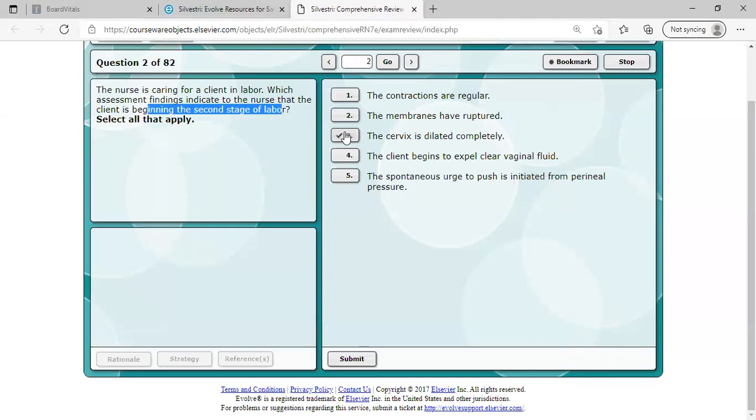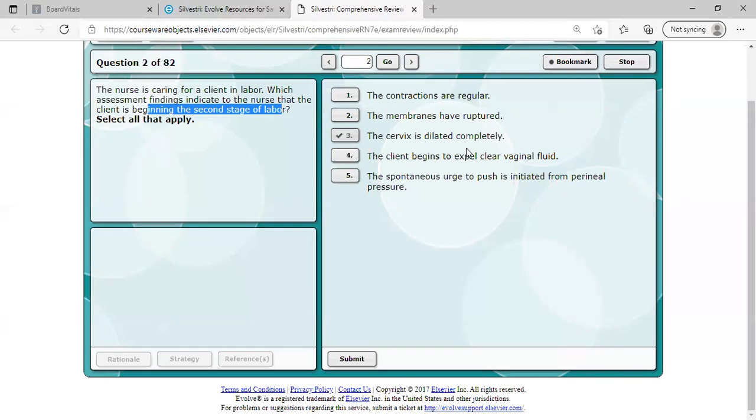We categorize true labor into 4 stages. Stage 1 we call dilatation. Stage 2 we call birth or expulsion. Stage 3 we call placenta removal, and stage 4 is the recovery stage, right?